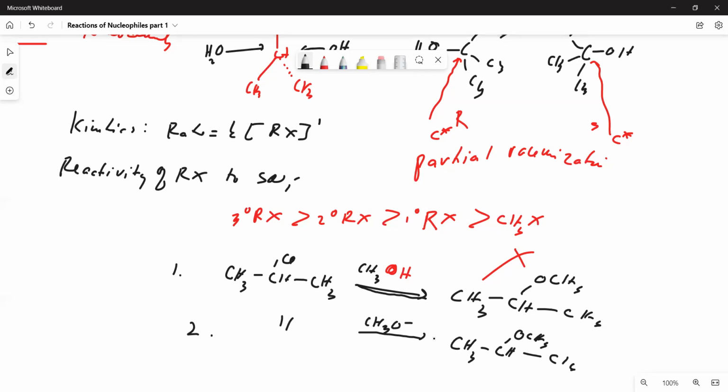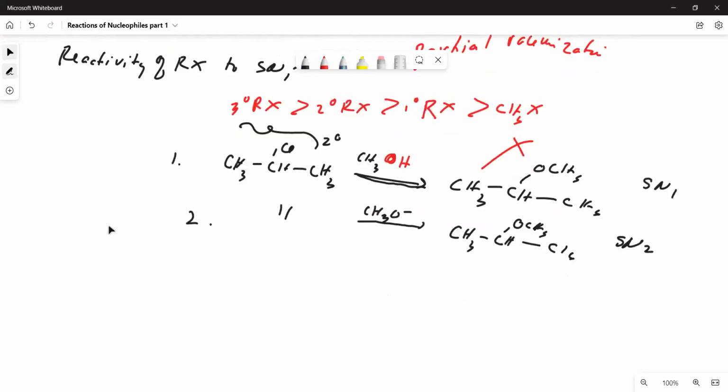In SN1, it doesn't need a stronger nucleophile because it's not part of the rate anyway. So methanol is a weaker nucleophile than methoxide, and your alkyl halide is secondary, which can undergo SN2 or SN1, so most likely this will be SN1, and this will be SN2. There, okay?